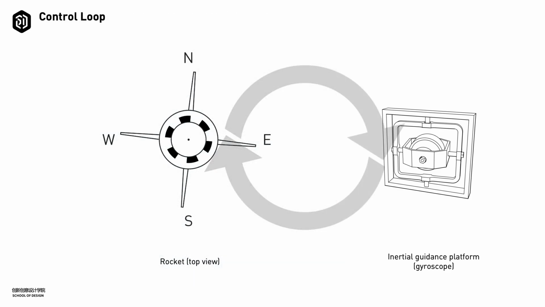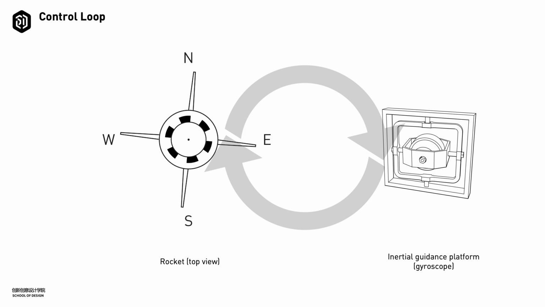Whatever the gyroscope, the sensor, measures in terms of attitudinal deviations from where it's supposed to go is fed as a signal to, in this case, the top view of a rocket that maybe has aerodynamic control surfaces, and they are deflected accordingly to correct the course of the rocket. This kind of negative feedback we have in all sorts of systems.